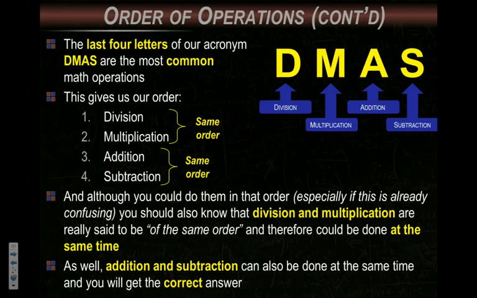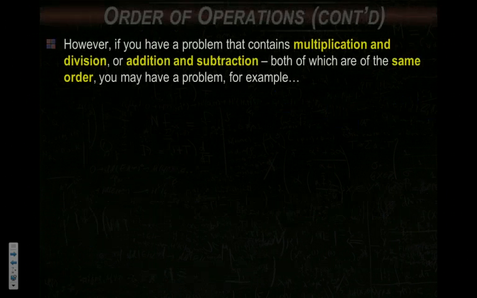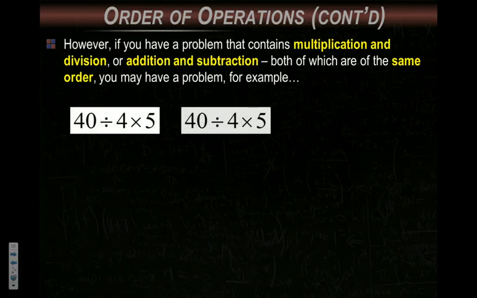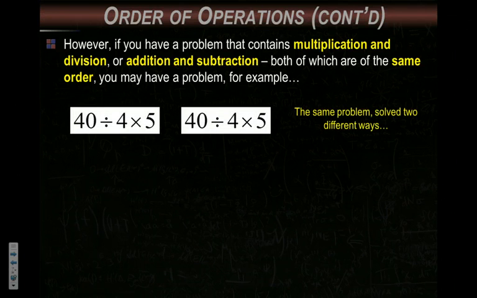One is not really above the other, as long as you understand that division and multiplication have to be done before addition and subtraction. But as far as division and multiplication themselves, it doesn't matter. Except for a few little exceptions.